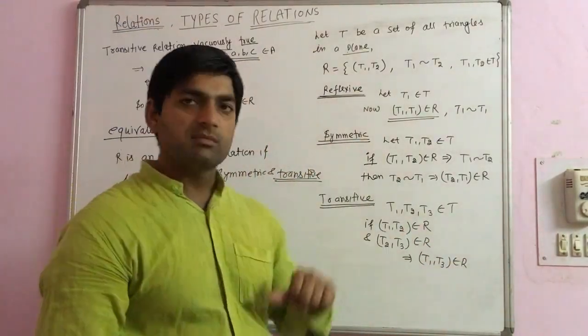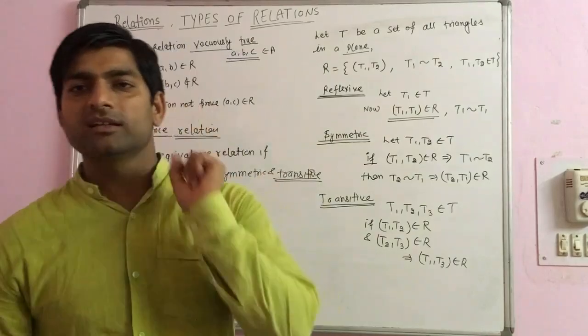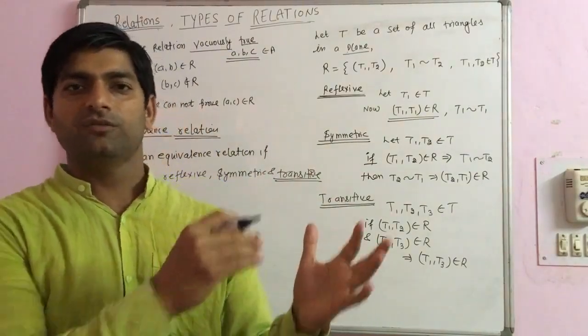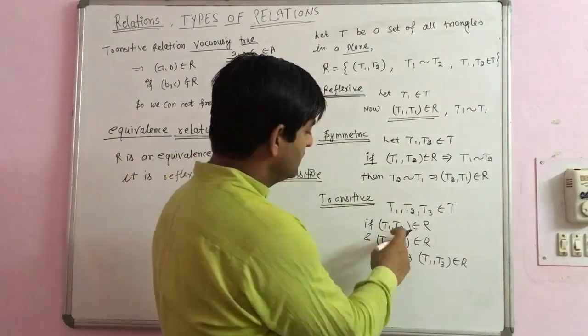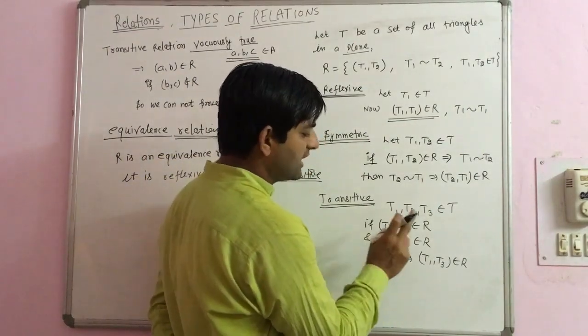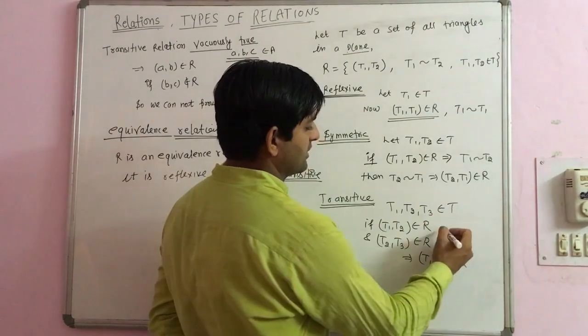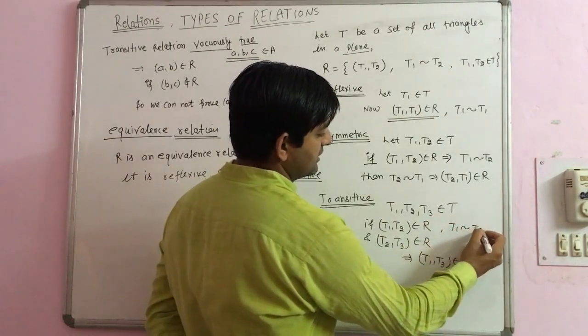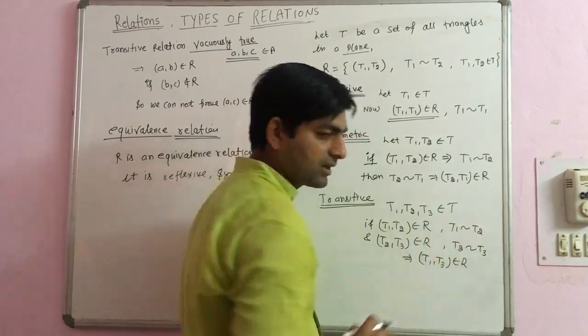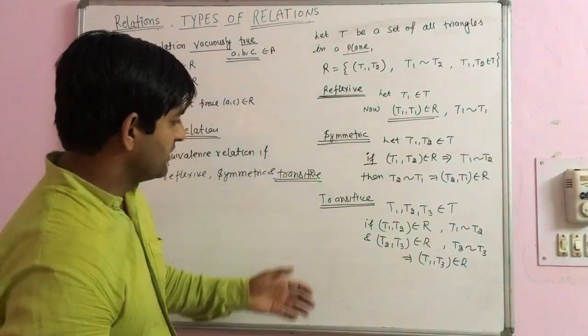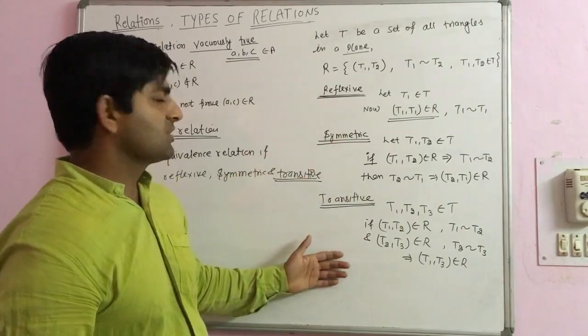Because T1 similar T2, T2 similar T3. Then what is the relation of T1 and T3 here? If T1 is similar to T2, T2 is similar to T3, then T1 and T3 are also similar. So now it satisfies transitive relation also.